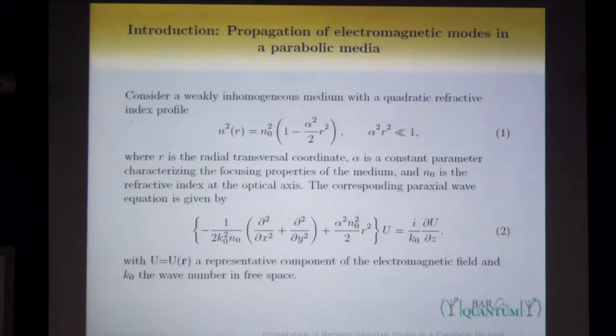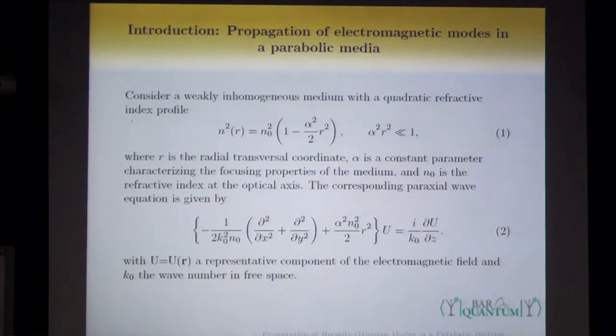And to describe the propagation phenomena, we use the paraxial equation. For this medium, the corresponding paraxial equation is this one. This part is about the x and y coordinates, related to the transversal behavior of the beam, and it is propagating along the zeta coordinate, or optical axis.